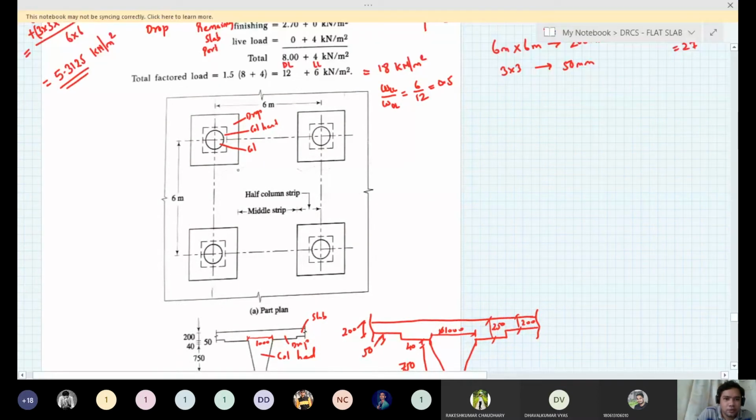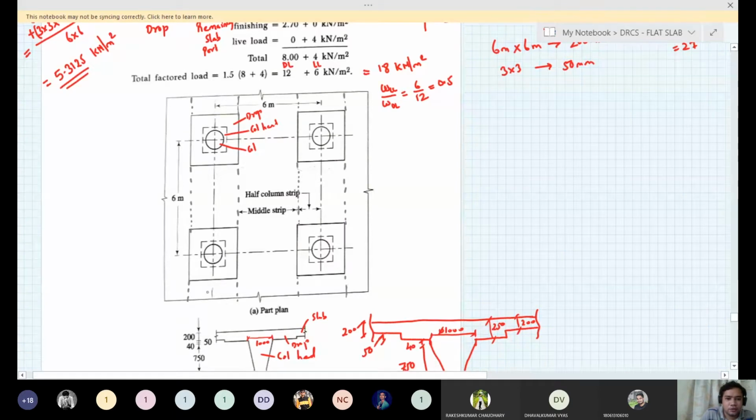In this figure, if I draw this, this is your column strip. Here we are considering only one direction because we have the same size of panel along both directions.